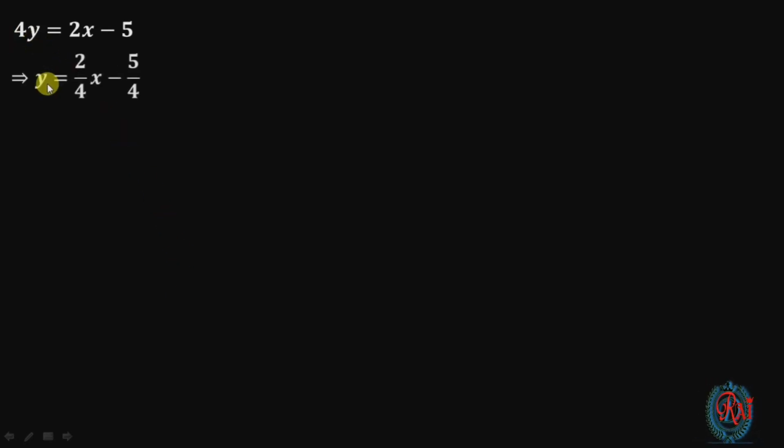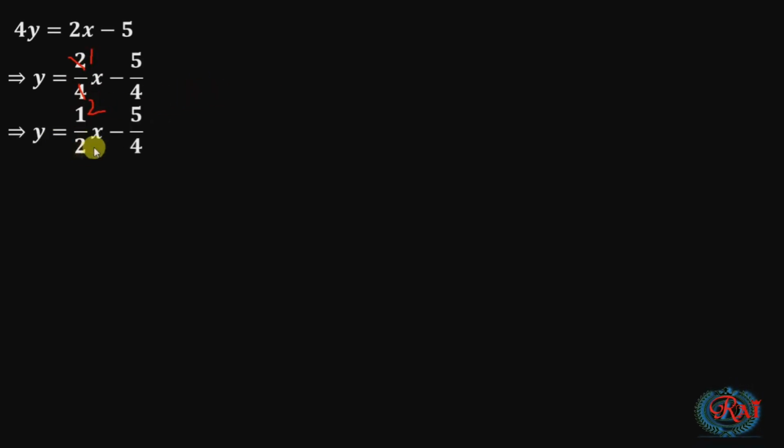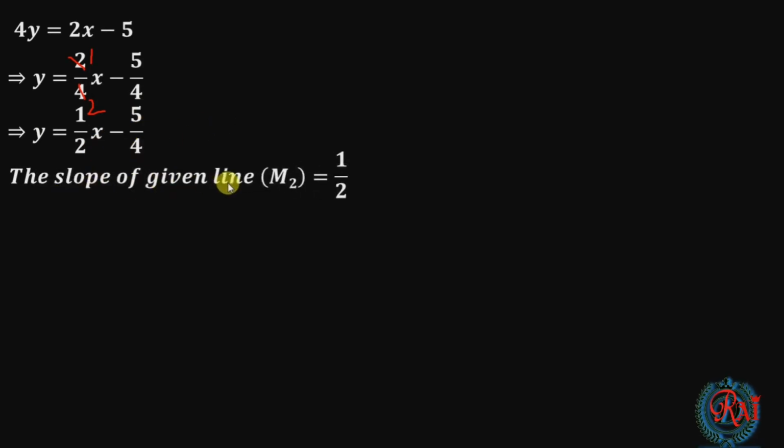So now y is equal to 2 divided by 4 x minus 5 by 4. Here 2 ones are 2, 2 twos are 4. So next, y is equal to 1 by 2 x minus 5 by 4. That is the slope of the given line. Let's represent it by m2 is equal to 1 by 2.